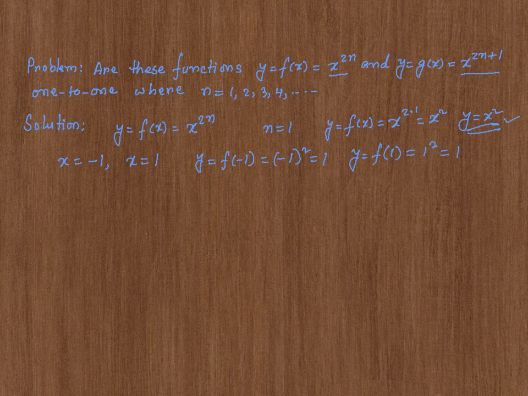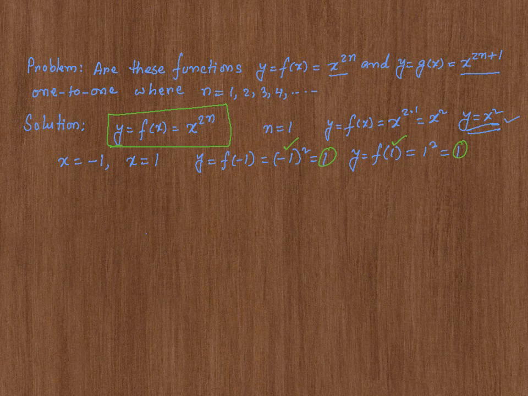See, for two different values, 1 and negative 1, x has two different values, but the y value is the same. Therefore, this function is not a one-to-one function. Now we can take this concept and extend it.